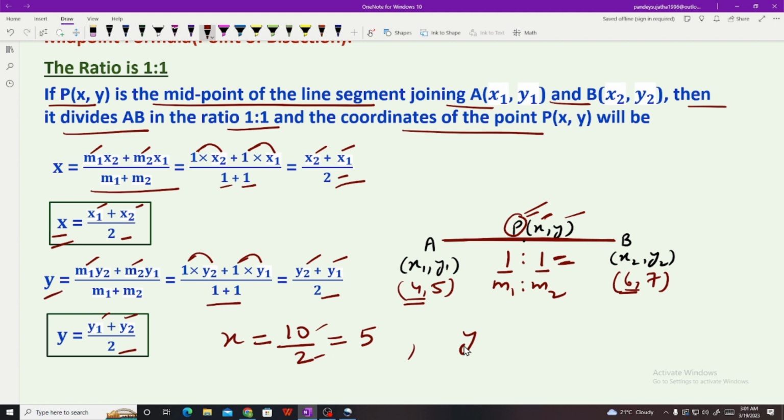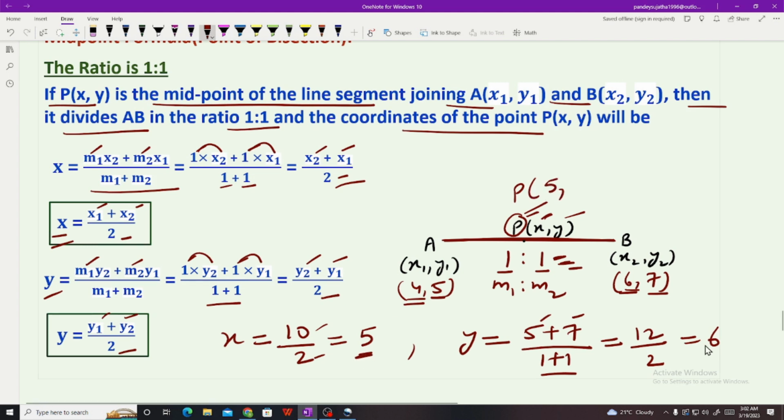And to find the y coordinate, it will be the sum of y1 and y2, that is 5 plus 7, upon the sum of ratio, that is 1 plus 1, which is equal to 5 plus 7 is 12, upon 2, which is equal to 6. So we get the coordinates of this point P as x coordinate is 5 and the y coordinate is 6.